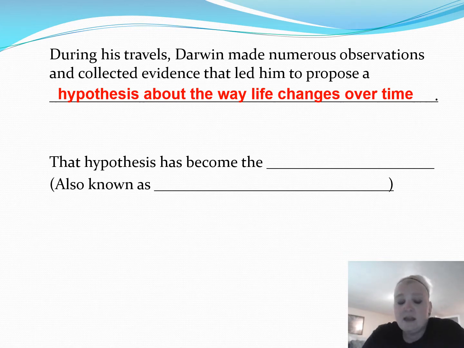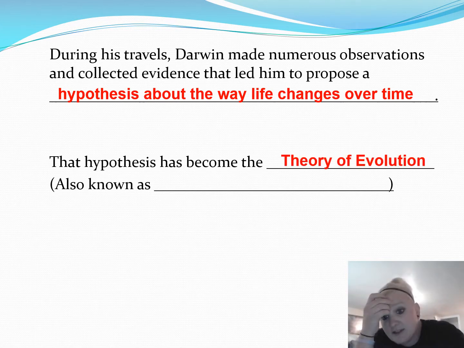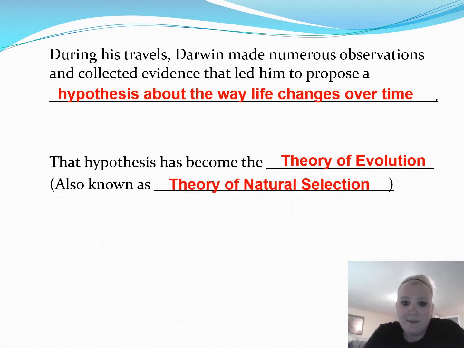And nowadays, that hypothesis has become known as the theory of evolution. It's also known as the theory of natural selection. Natural selection and evolution are almost interchangeable words. We'll talk about what natural selection is as we move forward.